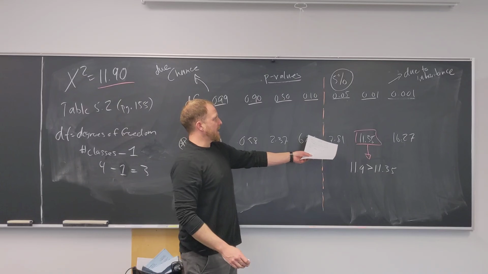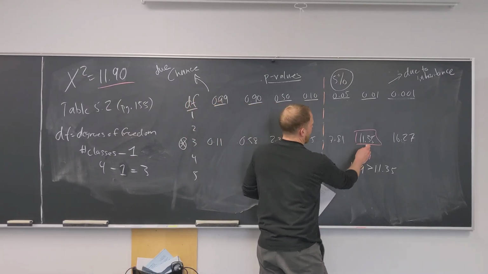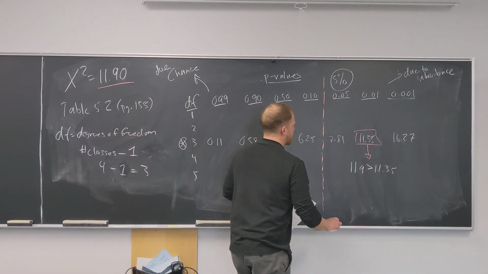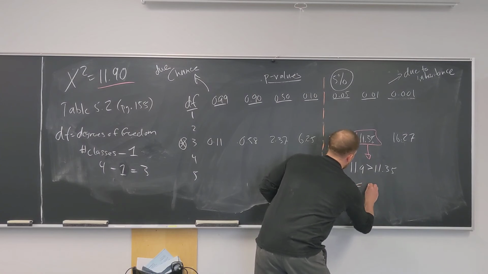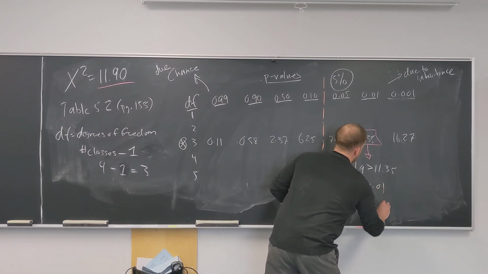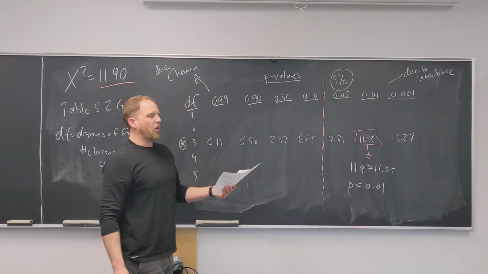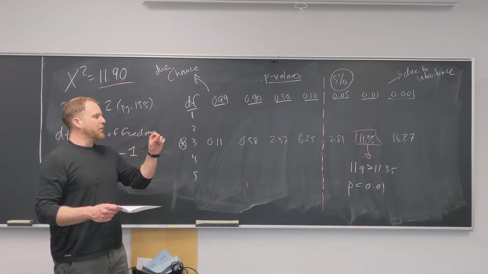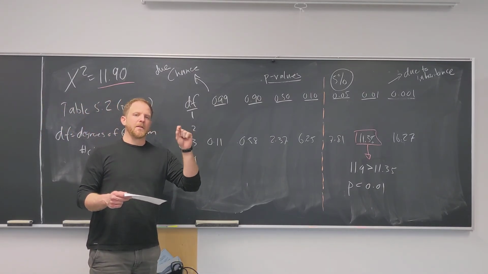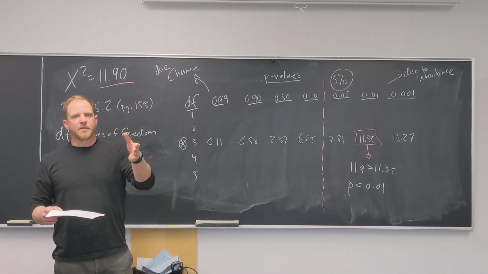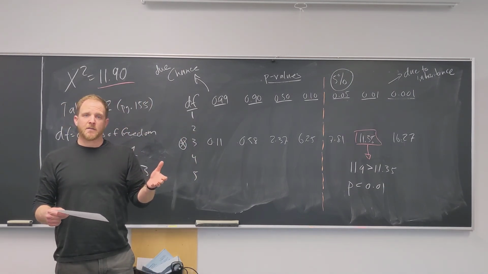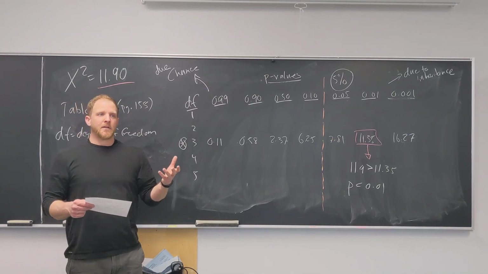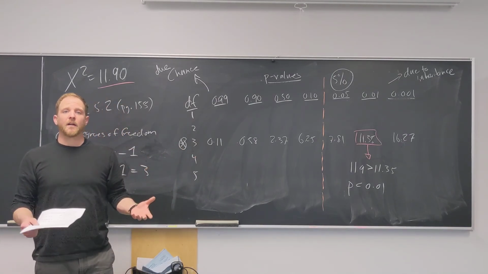But because our number is greater than 11.35, this means that p is less than 0.01. So there's less than a 1% probability that the difference between our observed and our expected is due to chance. There's a high likelihood that this is due to some sort of funky inheritance going on.